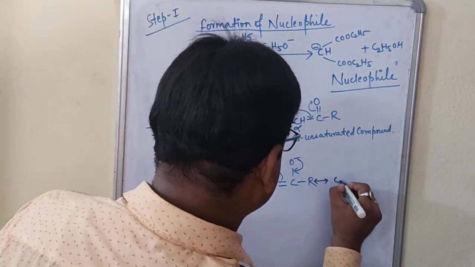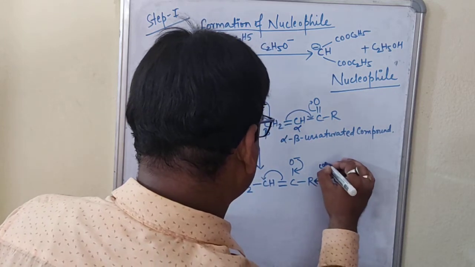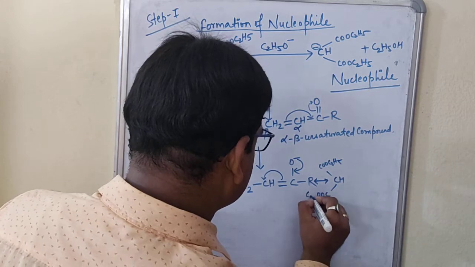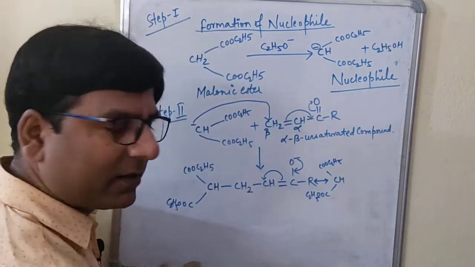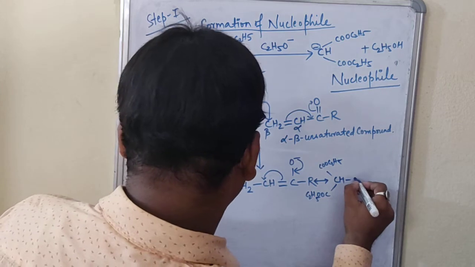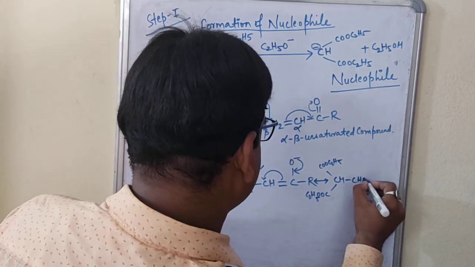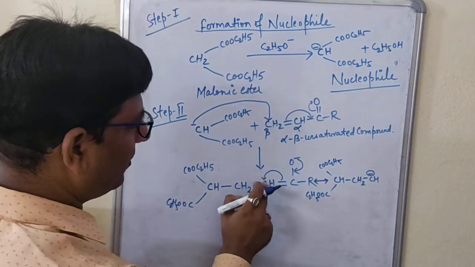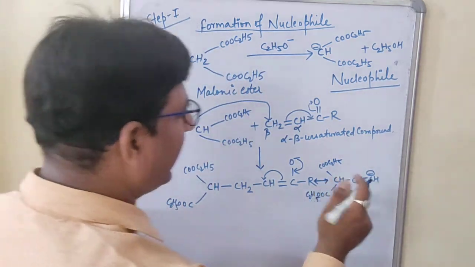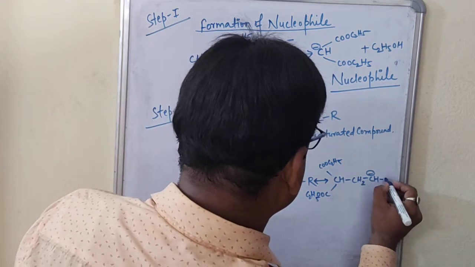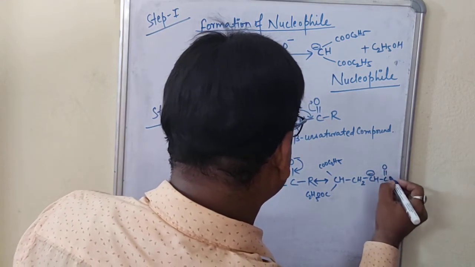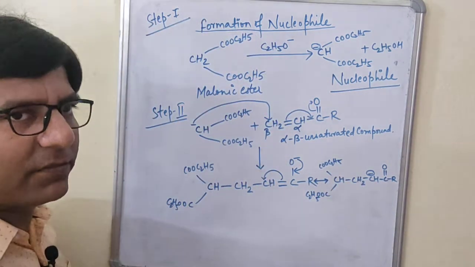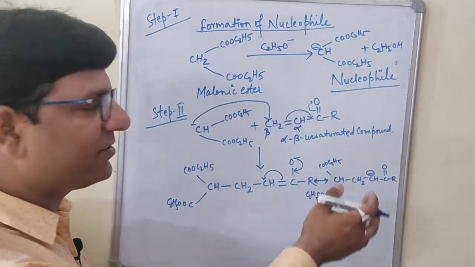Here I will write CH(COOC2H5)(COOC2H5), CH2, CH, with a negative, because this bond has been broken with this carbon, so we are writing negative. Then C double bond O, and here it is R. This is the resonating structure. We can have one resonating structure of it.